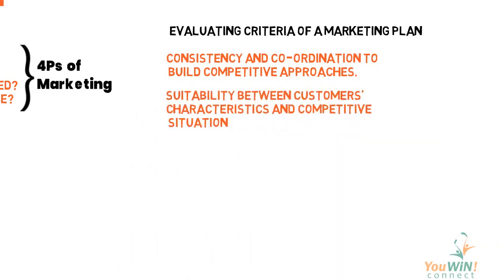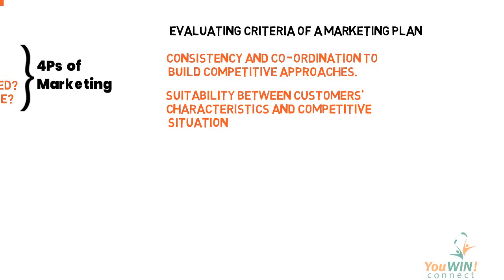There's also the need to check the suitability and consistency of marketing coordination with customers' characteristics and competitive situation. Most of the time, manufacturers or producers are disconnected from their customers, and this leads to distrust between the customer and the manufacturer.